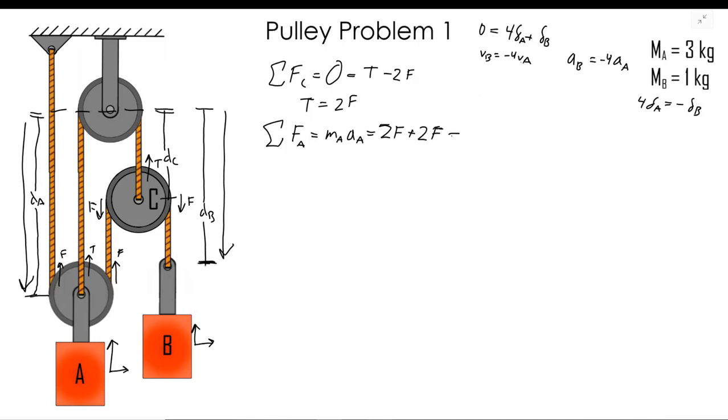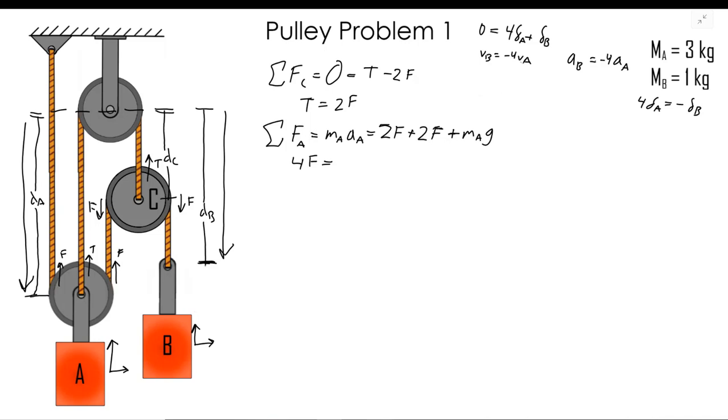And then we're also going to have to take into account its weight. So it's pulling down with mg, so it's going to be MA times g. So if we rewrite that, then we get 4F is going to equal, oh, we got to make that negative because it's pointing down.